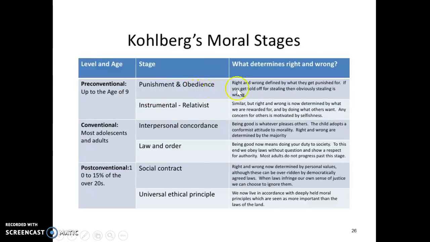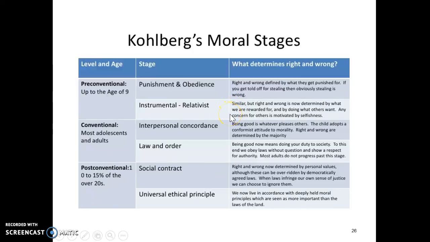This is a child thinks that what is right and what is wrong is if they get punished for it, it's wrong. If they get praised for it, it's right. And there's nothing deeper than that. As they get a little older, it's still the same kind of punishment and reward, but it's a little more self-serving.